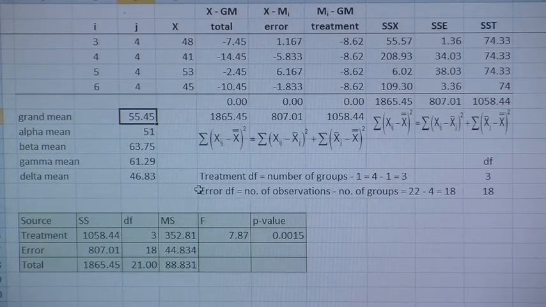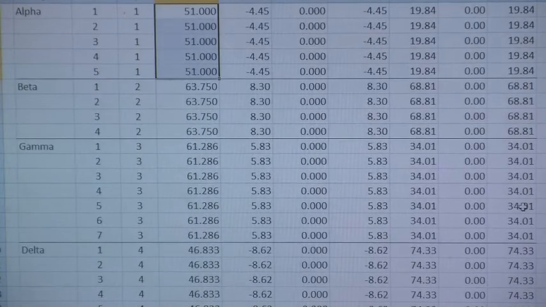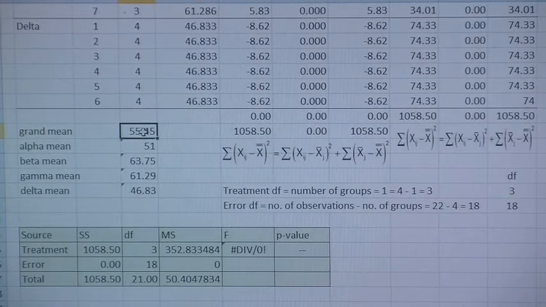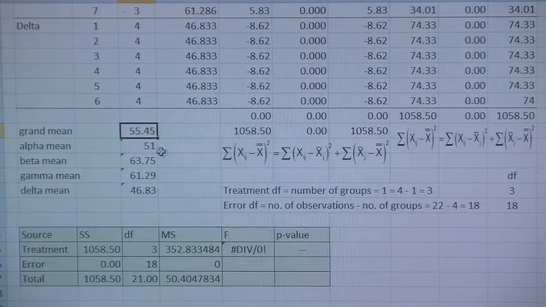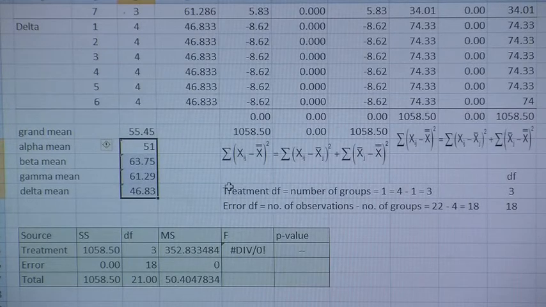And what we do in ANOVA is we partition variance between what we call error variance, or how much variability there is within our groups, and we compare that to variance between the groups, which is accounted for by the difference between the grand mean and each of the group means. If all of the group means were 55,450 miles, there would be no between group variance, or SST would be 0. I hope that helps.